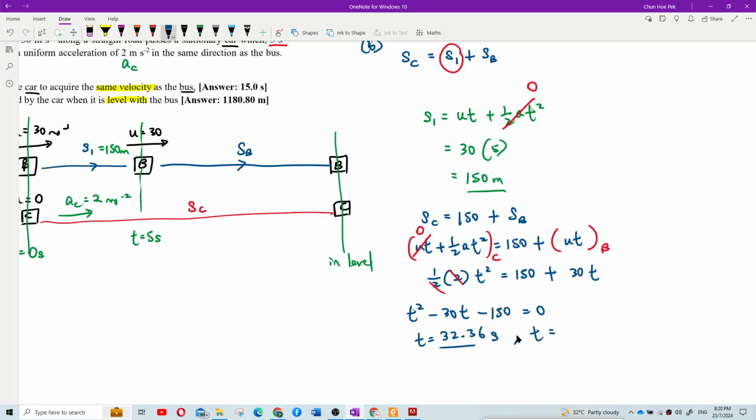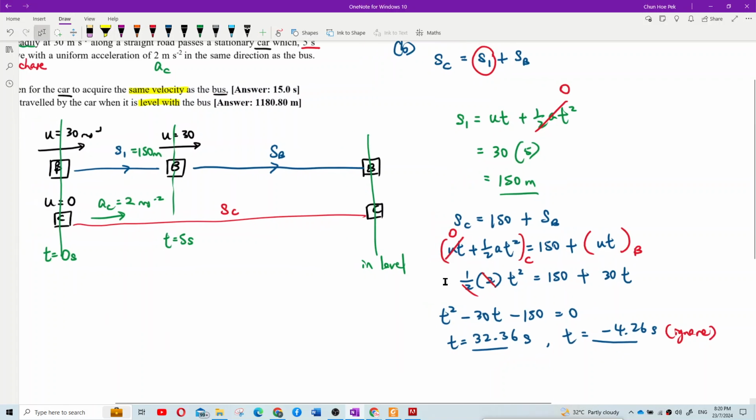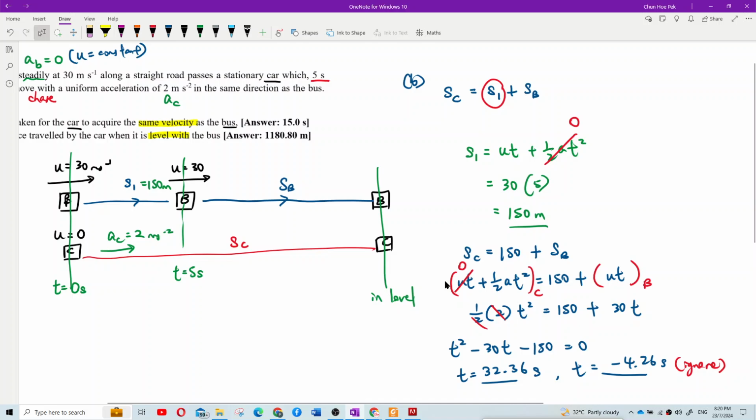Another time is what? Negative, is it? Negative 4.36. So this one we ignore. The negative time is ignored. So just take the positive time. So this is the time when they meet up, 34.36.